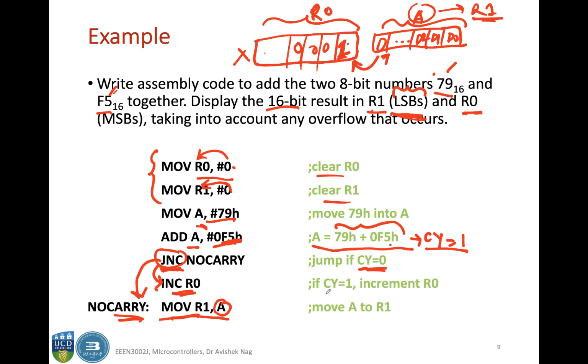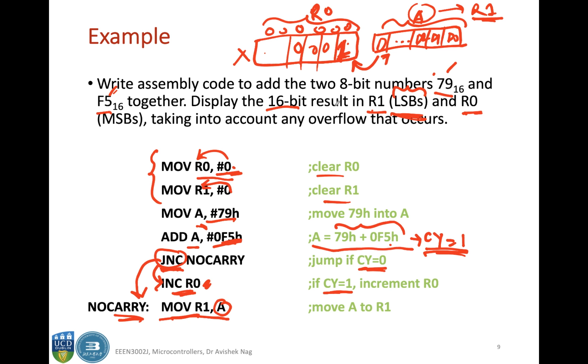So if your carry is 1, which is the case, then R0, which was initially all zeros because you have initialized R0, is now incremented and becomes 1 here.